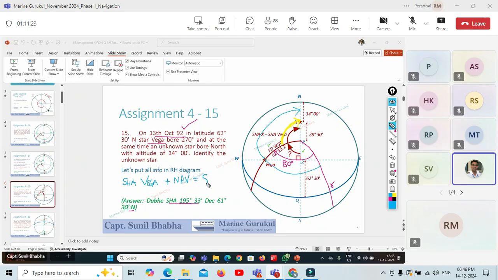It is the SHA of the unknown star. Angle at the pole contained between Aries and the particular star measured westwards. This is the SHA of the unknown star. This is how we get the SHA. Is it clear now, beta? Doubt is resolved.